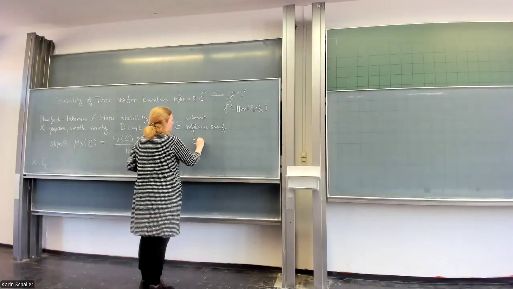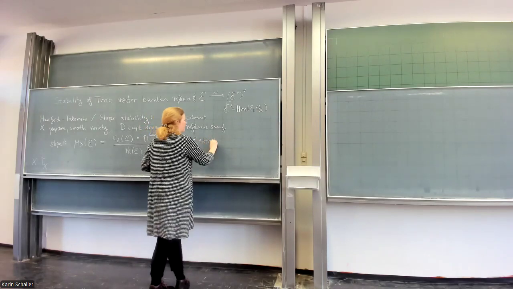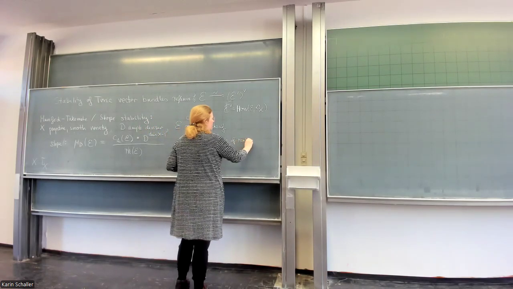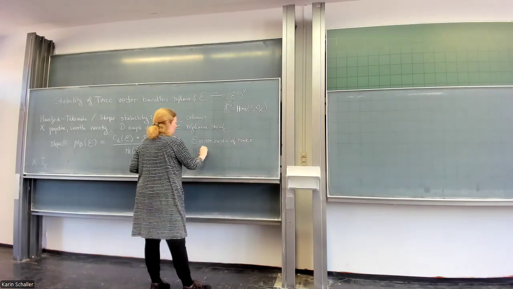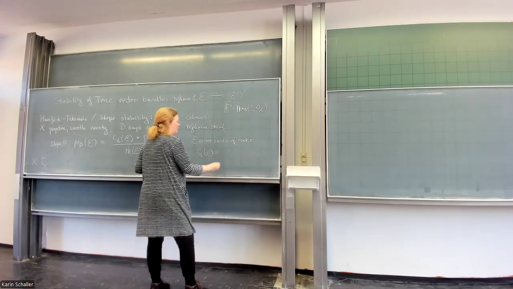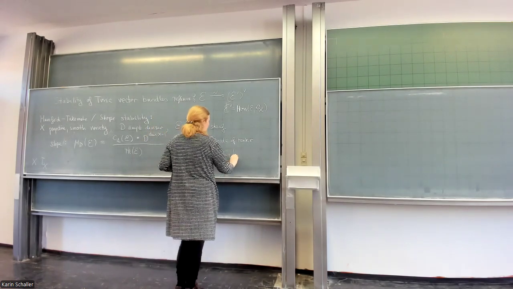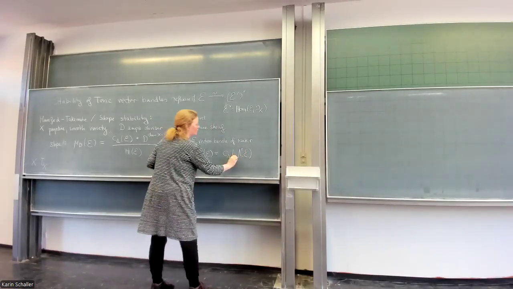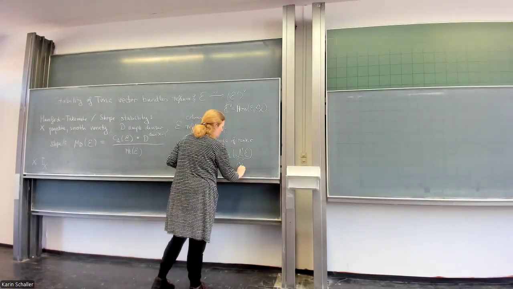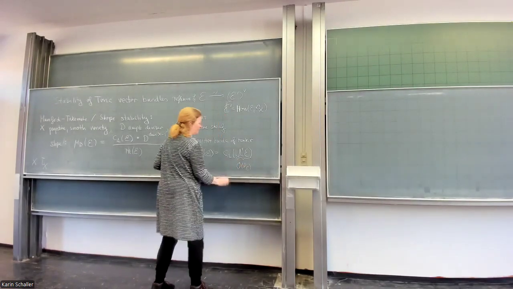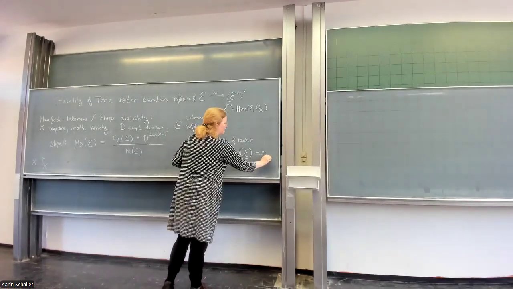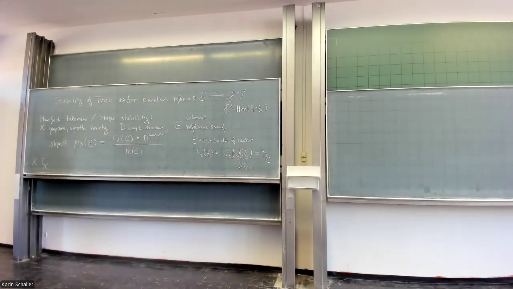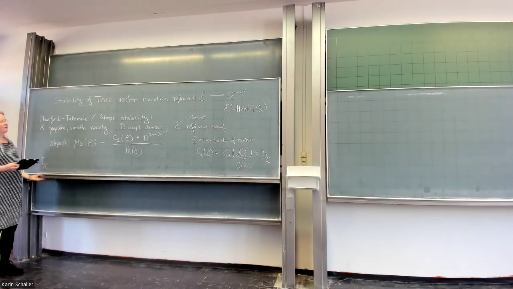So if E is a vector bundle of rank r, then C1 of E is C1 of the determinant of E, and this is going to be O of some divisor. So that is the slope.